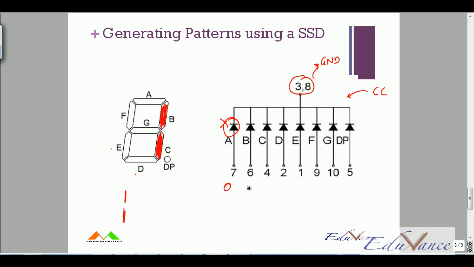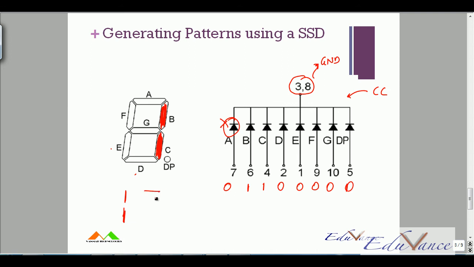B should be at 1. C should be 1. D should be 0. E 0, F 0, G 0. Now if I choose to glow my display point, then it will be 1. If I choose not to glow my display point, then it will be 0. Well, that was the number 1.